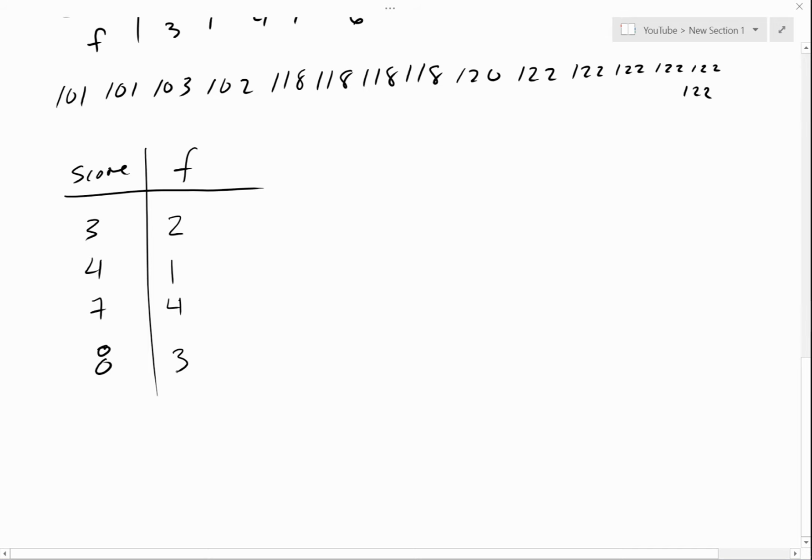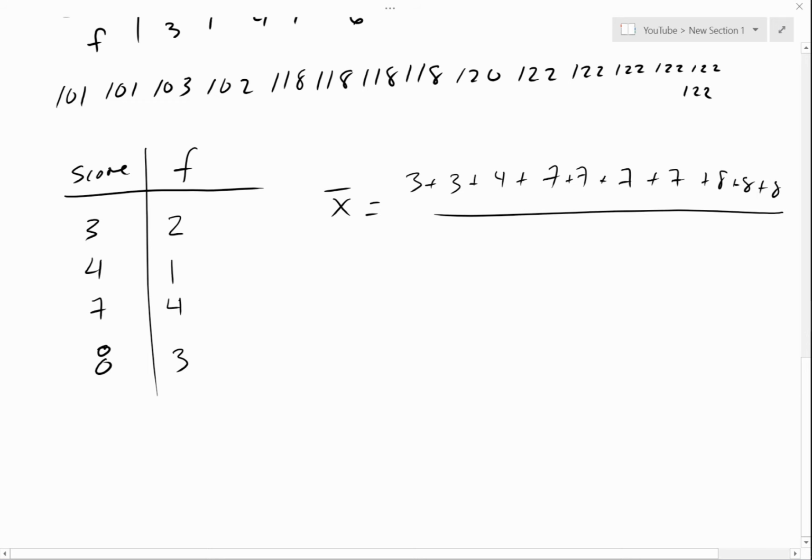So frequency tables are used a lot to compress information. But when you want to find, let's say, the mean, instead of you writing 3 plus 3 plus 4 plus 7 plus 7 plus 7 plus 7 plus 8 plus 8 plus 8, divided by what? 2, 3, 4, 5, 6, 7, 8, 9, 10, right?